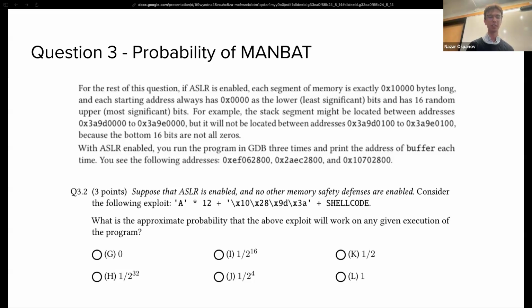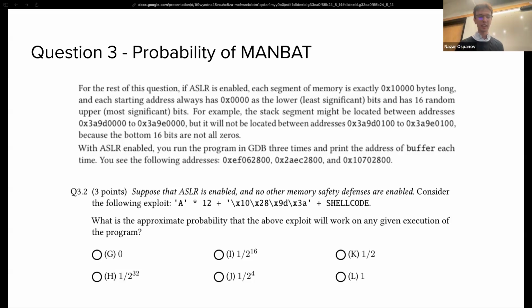With ASLR enabled, you run the program in GDB 3 times and print the address of buffer each time. You see the following addresses: 0xEF062800, 0x2AEC2800, and 0x91072800. Now, suppose that ASLR is enabled and no other memory safety defenses are enabled.